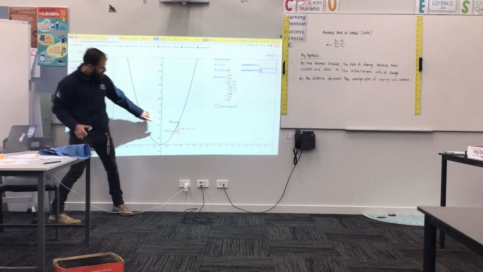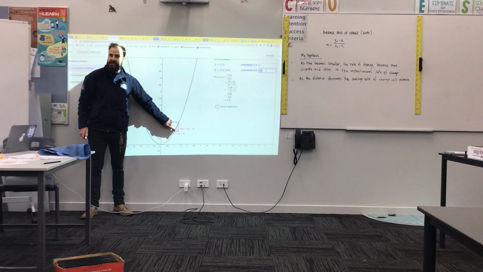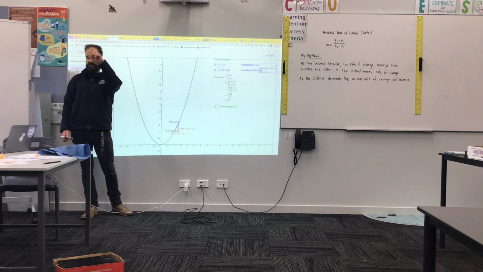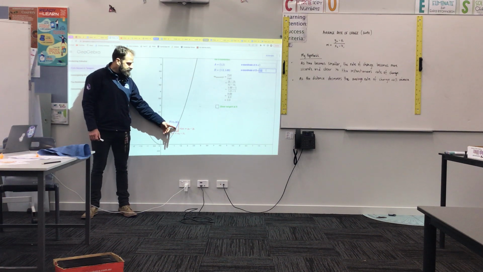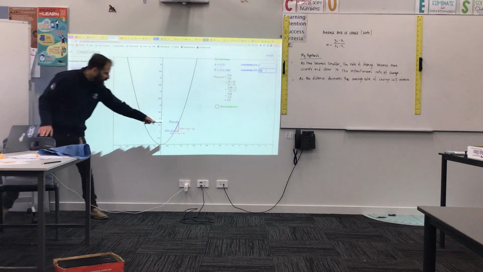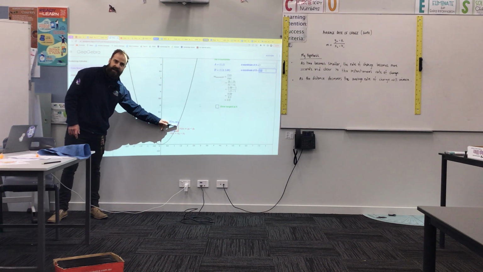What's happening to this blue line, this average rate of change, as I get closer to the point A? It's getting smaller, it's getting shorter. What's happening to the gradient of this blue line? It's starting to match the graph. I know it's zoomed in about as much as I can, but I can just tell the difference between the black parabola line and the blue line.